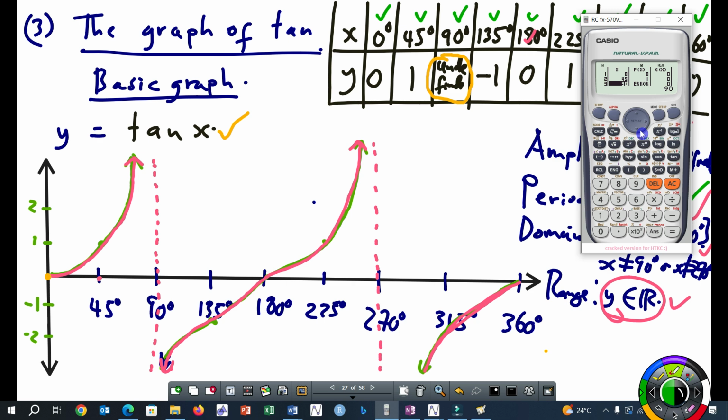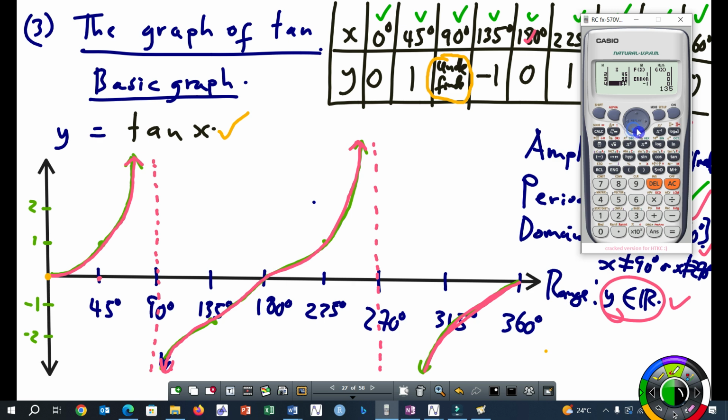So the graph will never pass x equal to 90. Between 0 and 90, the first curve will never touch 90 degrees. There will be an asymptote. And when you draw the graph of tan, you have to indicate this first asymptote.